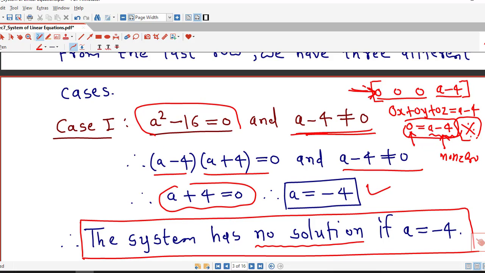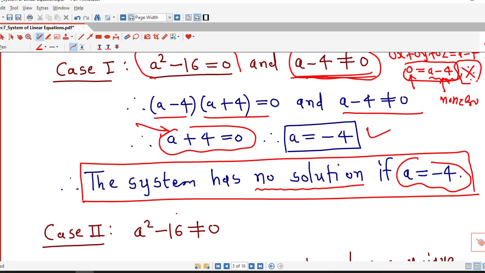Therefore in this case system has no solution, and intersection of these two conditions, a square minus 16 equal to 0 and a minus 4 non-zero, is a plus 4 equal to 0. So if a plus 4 equal to 0, that is if a equal to minus 4, given system has no solution.